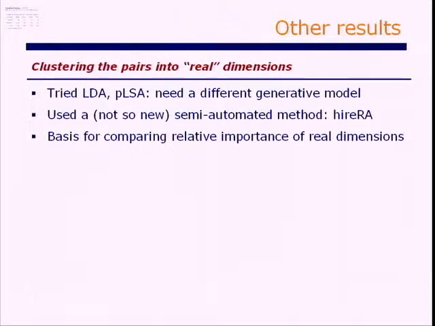Question? Yeah? Those premiums were stated in terms of absolute price differences, not proportional price differences. If you take a look at the data in terms of proportion of the base price, does it fit better or worse? Have you examined that?